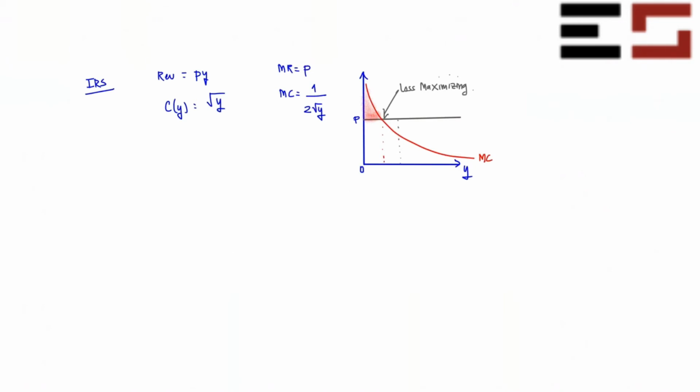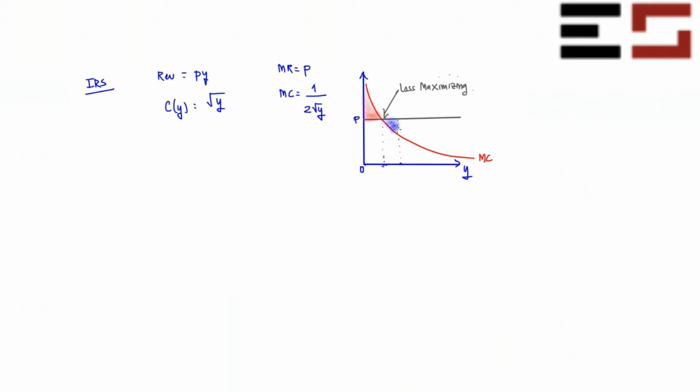Notice that now you will be making profit on these quantities because price is above the marginal cost. So if I divide this quantity into quantity up to here, and then from here to here, you will be making this much loss, and from here to here you will be making this much profit.